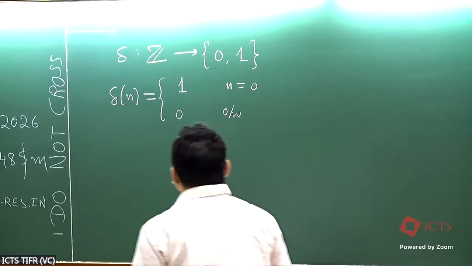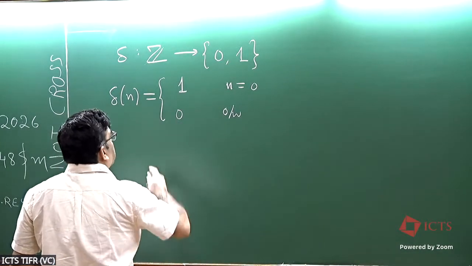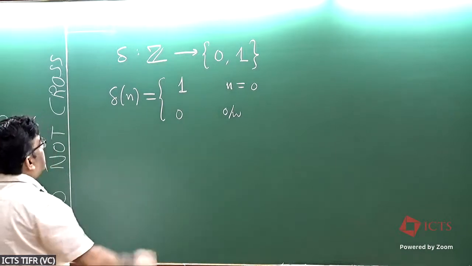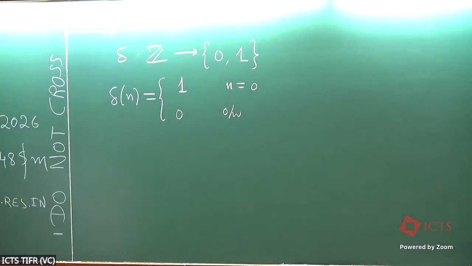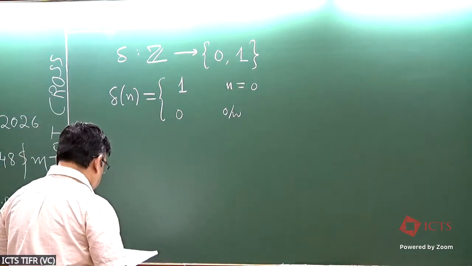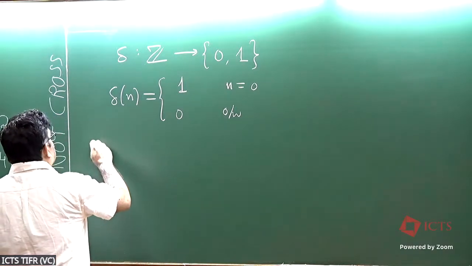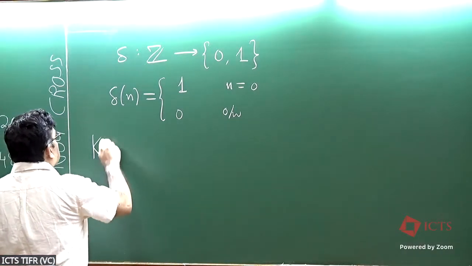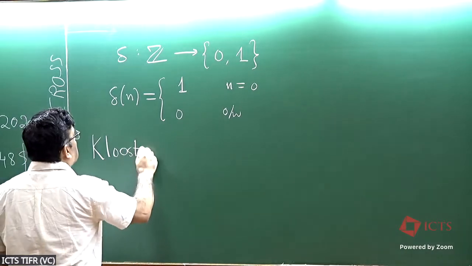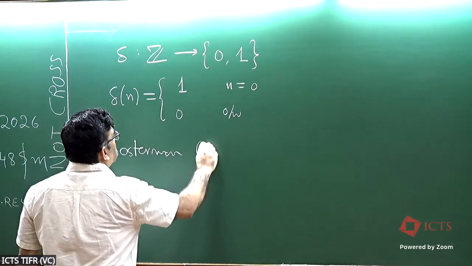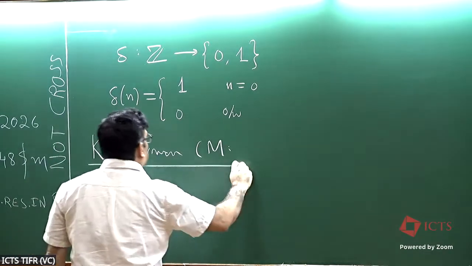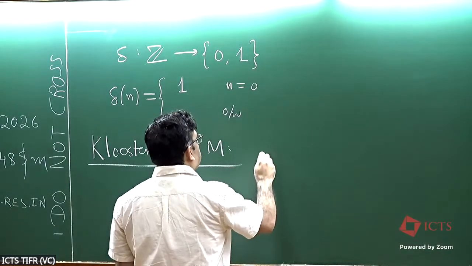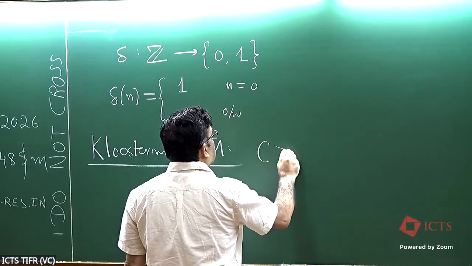The circle method is about writing down Fourier expansions of this delta function. One such version was given by Kloosterman, which goes like this. There is a choice of a real number C greater than or equal to 1.